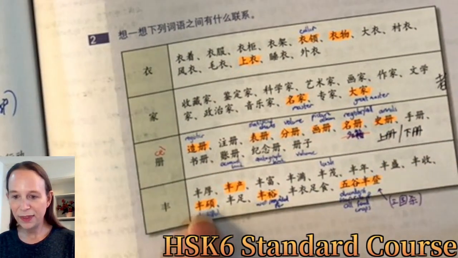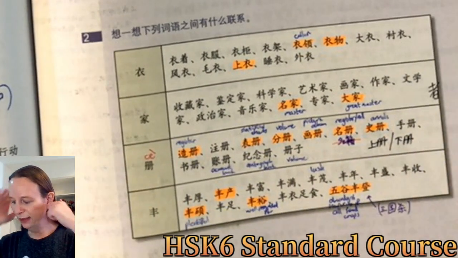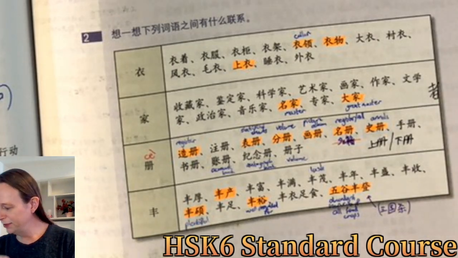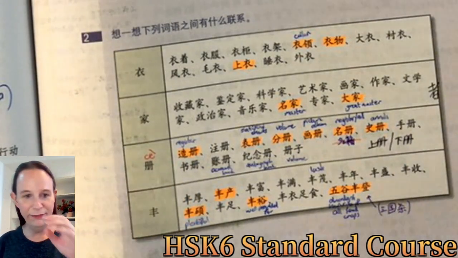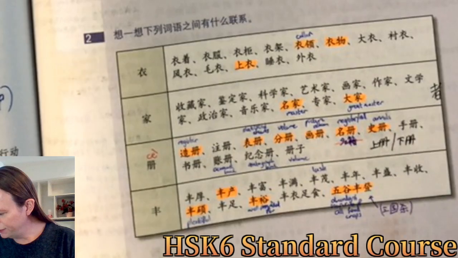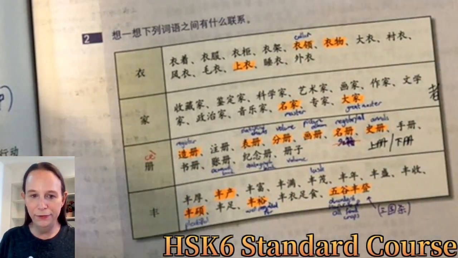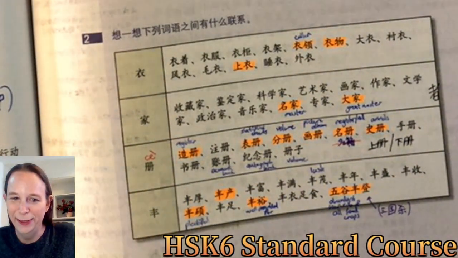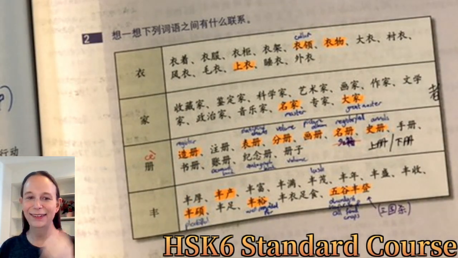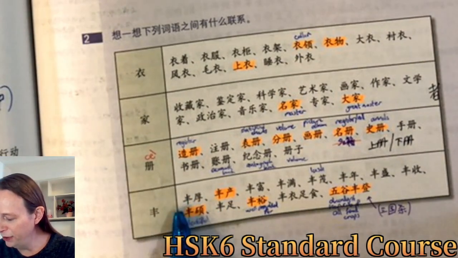Anyway, what's next? 丰. All right, kind of meaning plentiful. 丰富的丰. Where's 丰富? Oh, 丰富 is here. 丰富, plentiful, or plump, or that sort of thing. 丰厚.